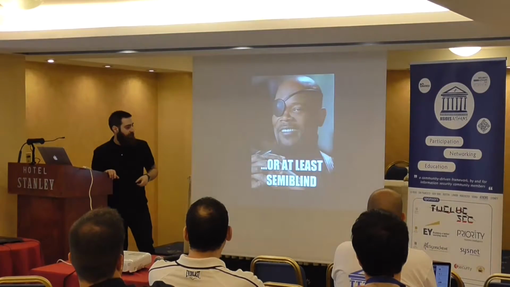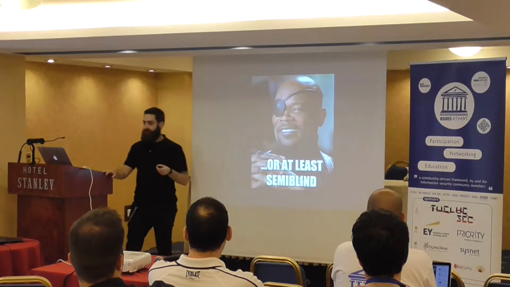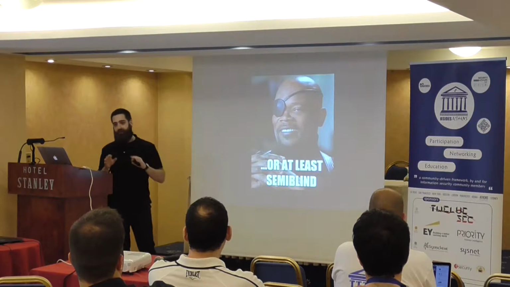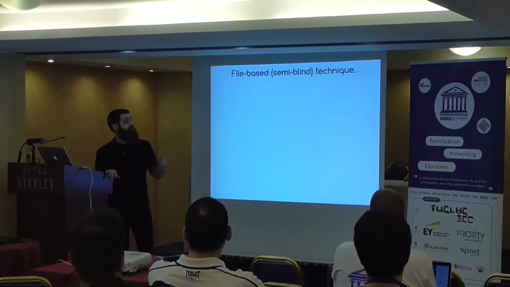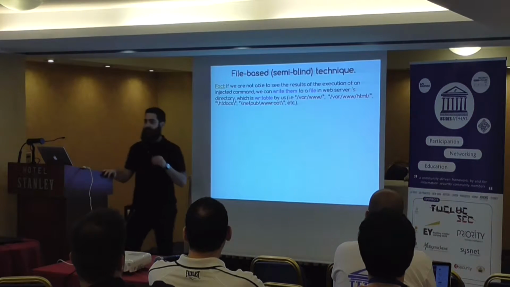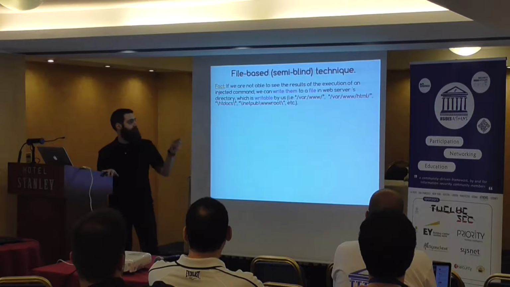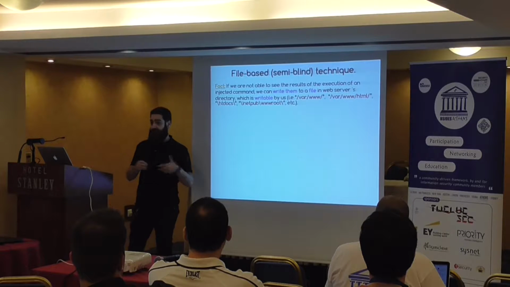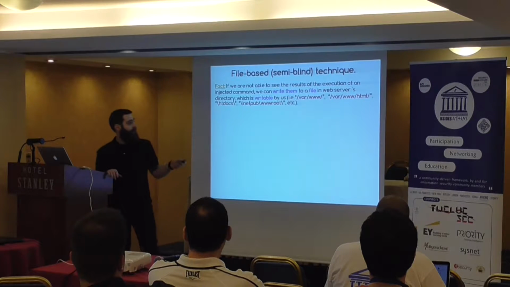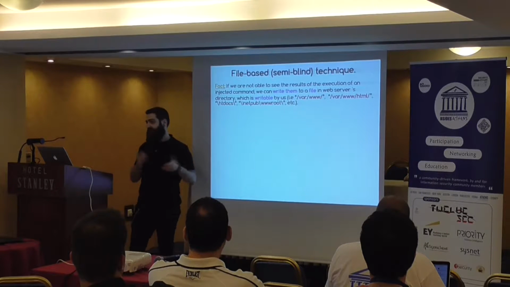The second technique that I would like to introduce is not a completely blind technique, it's, let's say, a semi-blind technique. This is the file-based semi-blind technique, which is based on the fact that if we're not able to see the results of the execution directly through the vulnerable application, we can write them to a file in the web server's directory, which is writable or accessible by us.